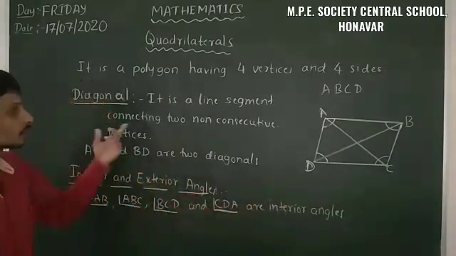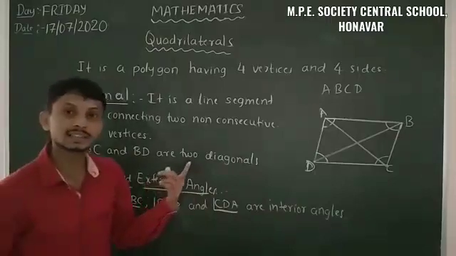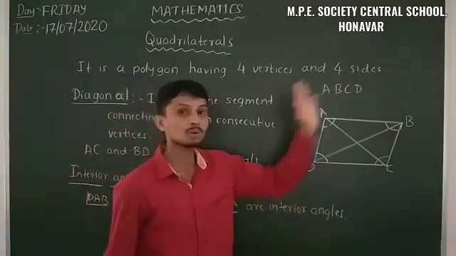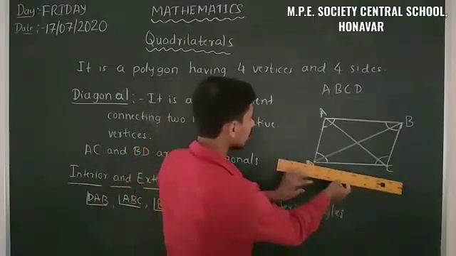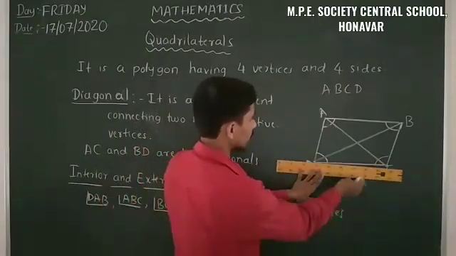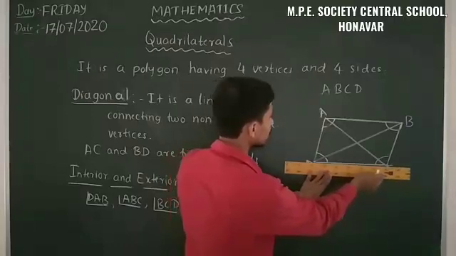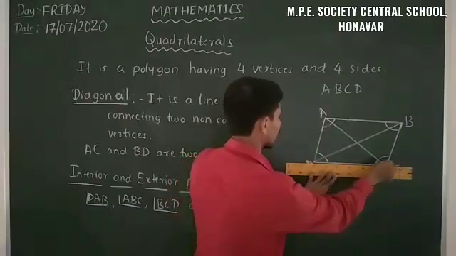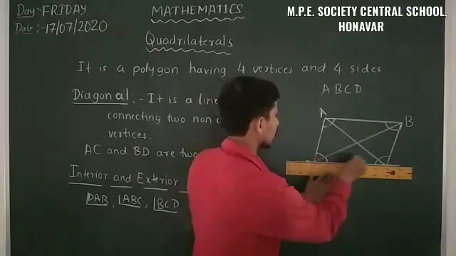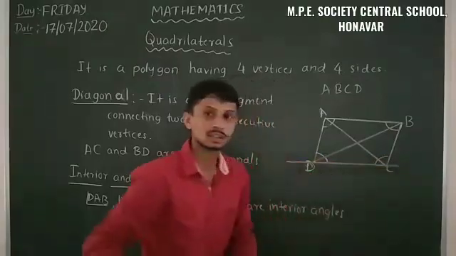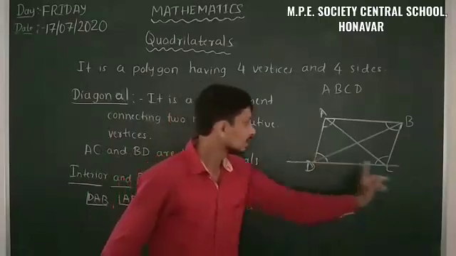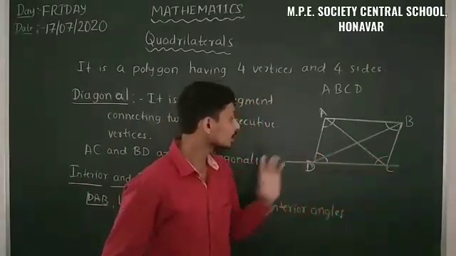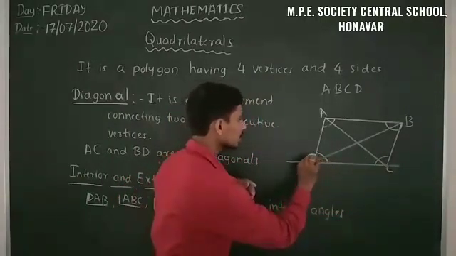Then we have to go with the exterior angles. Exterior angles means outside angles. So I will extend this part. The line here I will extend, here I will extend this part. With reference to these line segments, all the vertices make some deviations here.